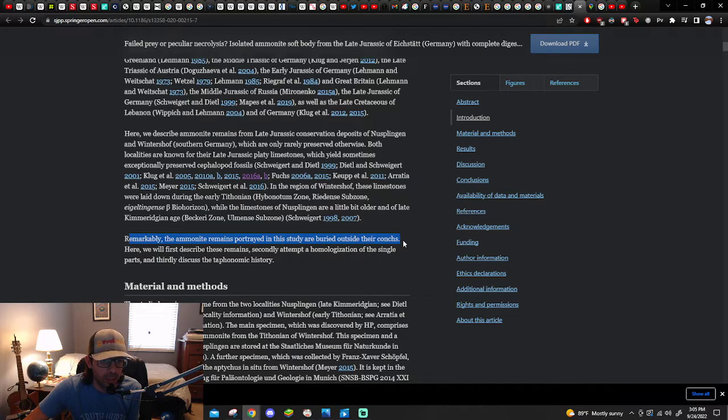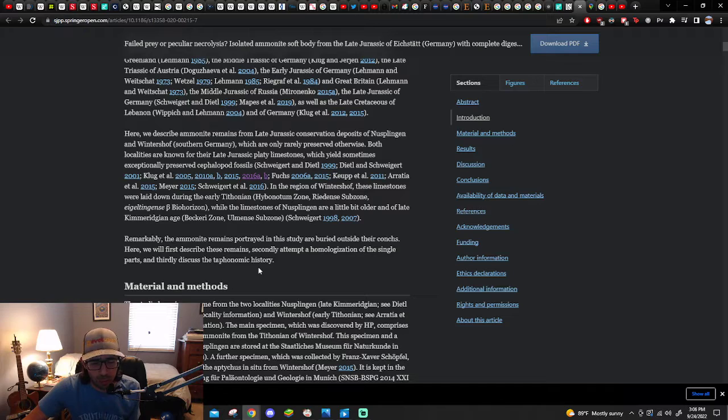Buried outside their conscious. That's supportive though. Supportive of this is not, they don't know what they're talking about, no offense. They're literally like, it's not a living thing. It's a geological process. That is revealing. And I can't wait to see what we can find about it, but it's almost assuredly the fact that it's remarkable that the study found these things outside, and then they explain it with a predator.